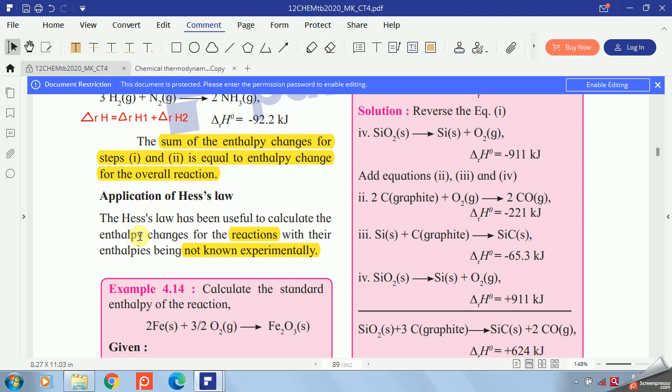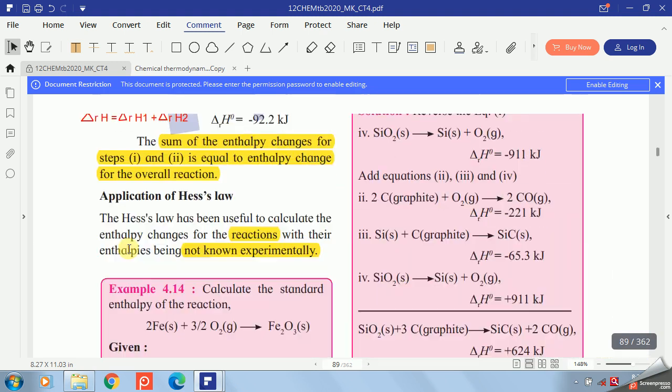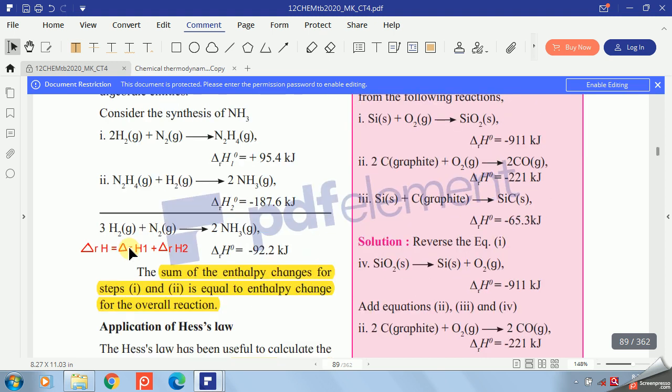If we know how to calculate the enthalpy of such a reaction, that enthalpy can be calculated using Hess's law, by knowing the enthalpy of other reactions which can be carried out in the laboratory or are possible experimentally. Okay, so we will solve numericals based on all these points later on. Thank you.